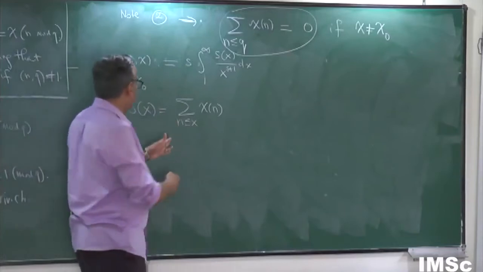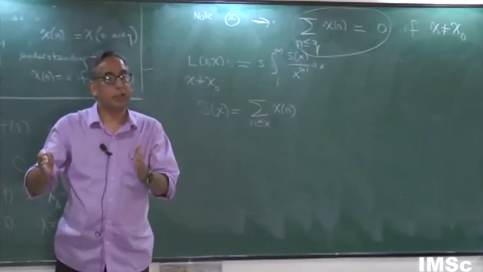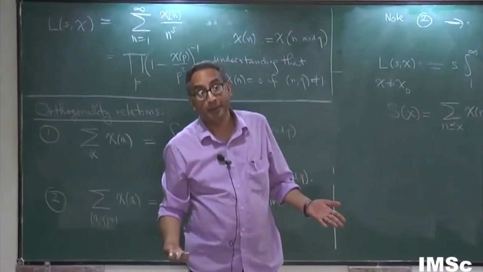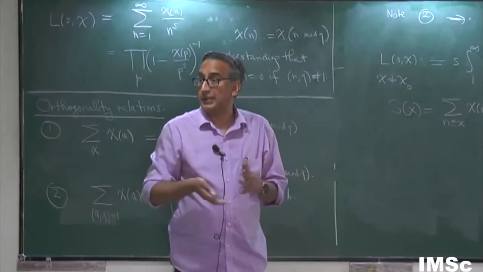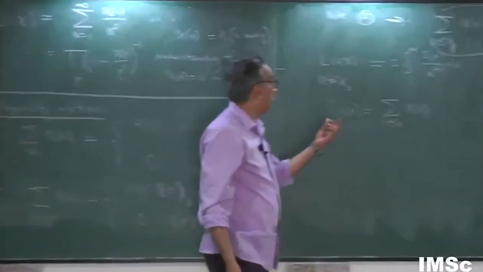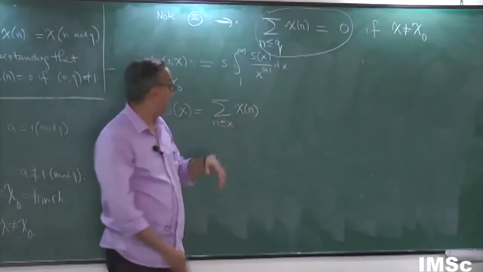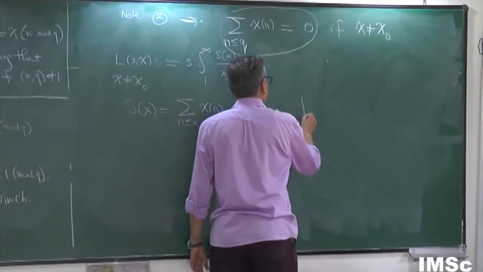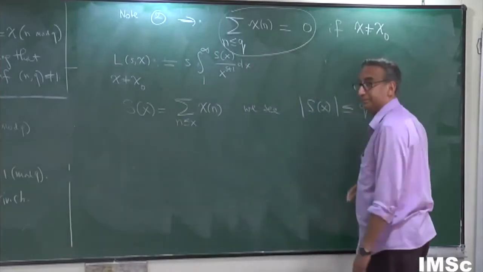So what we can do is take this interval x and split it up into first intervals of length q, and whatever is left over has size at most q. All those intervals of length q, you have 0. What's left over is at most a number of summands that is at most q. Therefore, we see that S of x is always bounded by q.